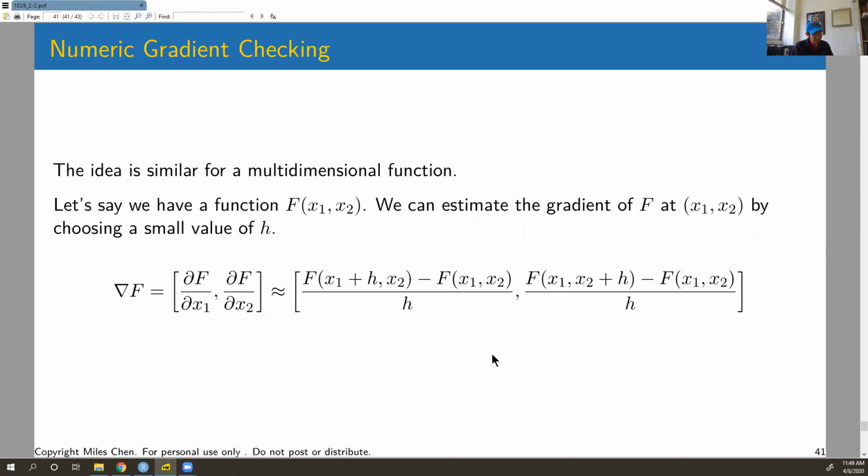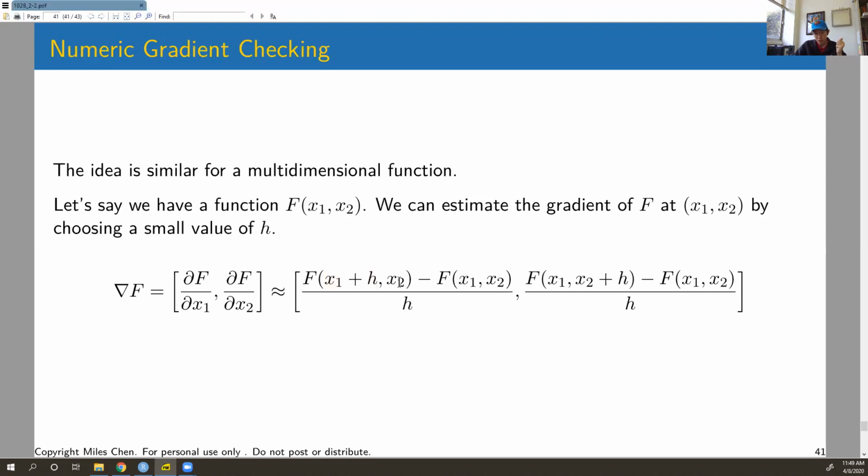Except as far as a gradient goes, when you add on your little constant, you do it one component at a time. So in our case, I've got a function of two variables, x1 and x2, and for the first component, I'm going to add on my constant h only to x1.